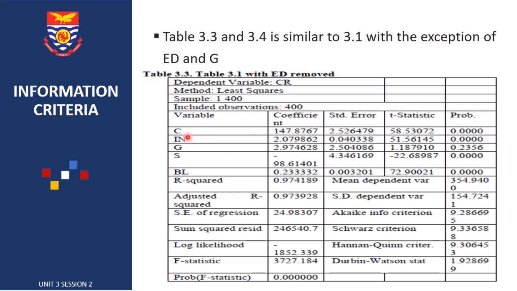All other elements of the equation are intact, or still available. So these are similar to the other equation, with the exception that we don't have education and the gender that were used in the earlier table 3.1.